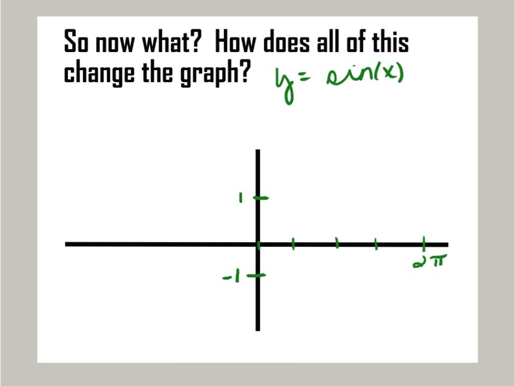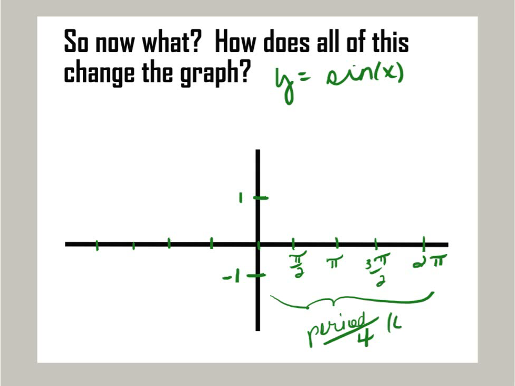So here we've got pi over 2, pi, 3 pi over 2, and then the same in the negative if we want to do it both directions. Okay, I'm only going to worry about one period for right now. So this period is split up into 4 pieces to represent the quadrant angles, right?